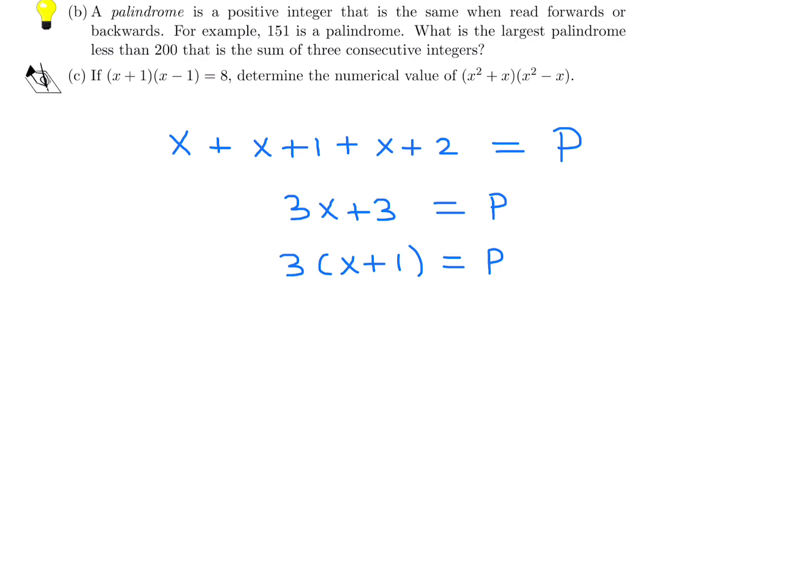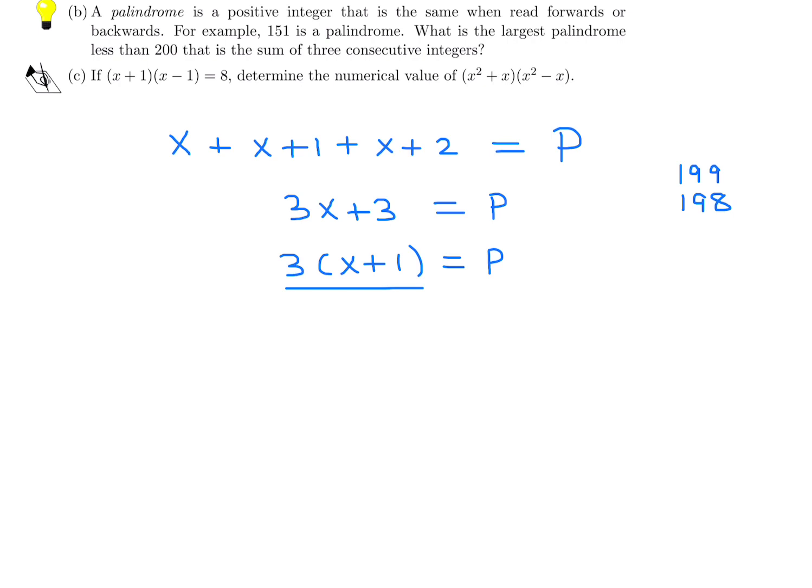So all the numbers less than 200 we have to look at, but hopefully we don't have to look at too many. We're going to start with 199 and then keep going down. Now, there's two rules that have to be met. The first is that it's divisible by 3, the number, and the second that it's a palindrome. So what we do is we just look at first numbers that are divisible by 3 and see if they are palindromes.